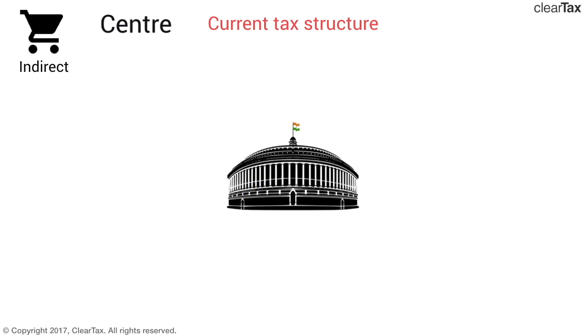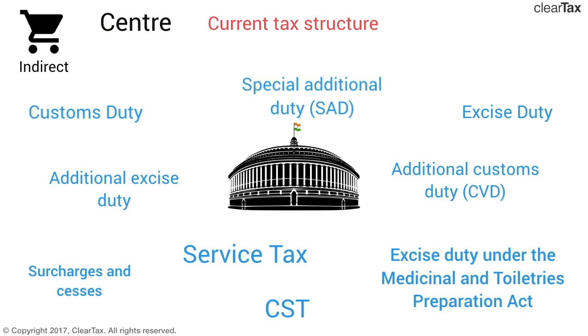Under the central taxes, you have the service tax, CST, customs duty, excise duty, additional excise duty, CVD, SAD, excise duty under the Medicinal and Toiletries Preparation Act, and surcharges and cesses on all of these central taxes. Phew! And that's just not it.